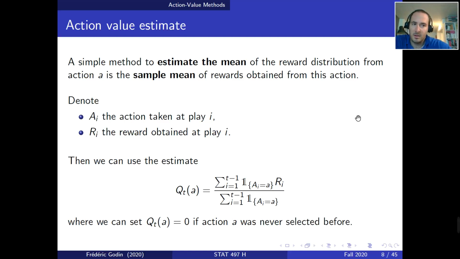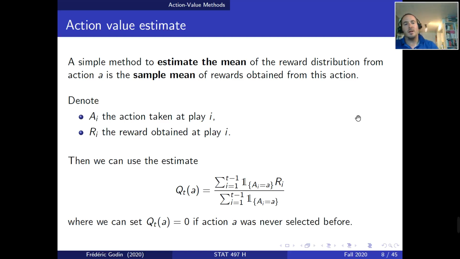It's like in your statistics class: X bar is a suitable estimate of mu. If you want to estimate the mean of a distribution from IID samples, then you just take the sample average of this IID sample, and this will estimate your mu, the expected value of the random variable.